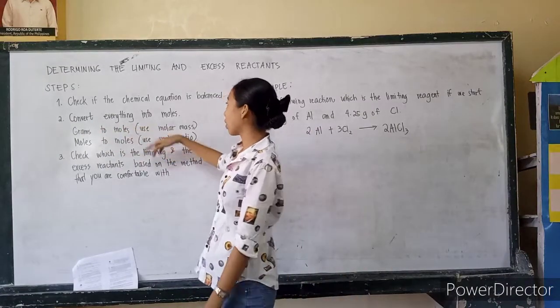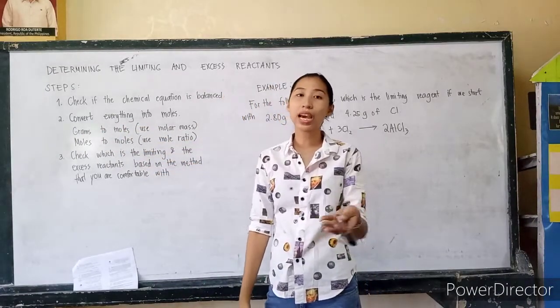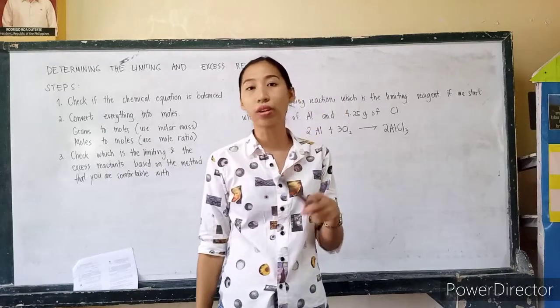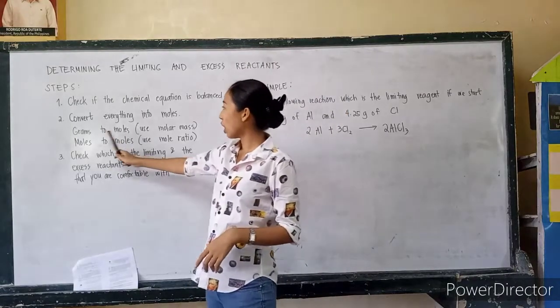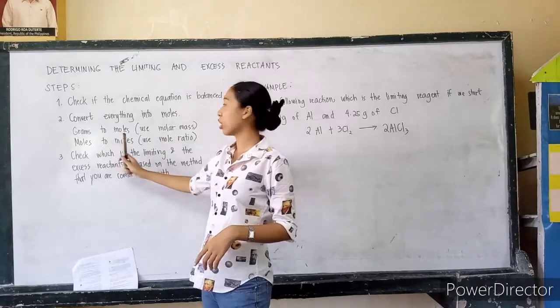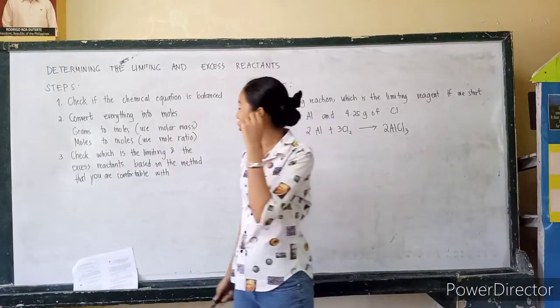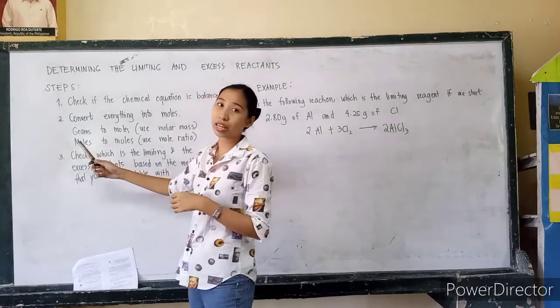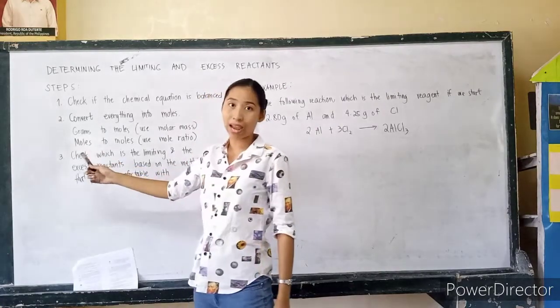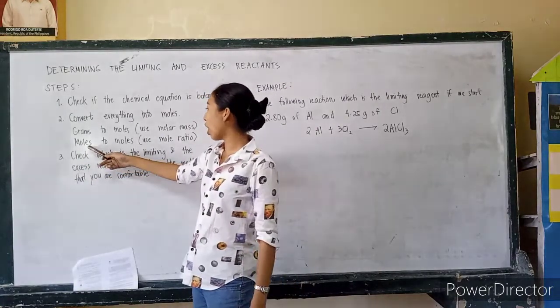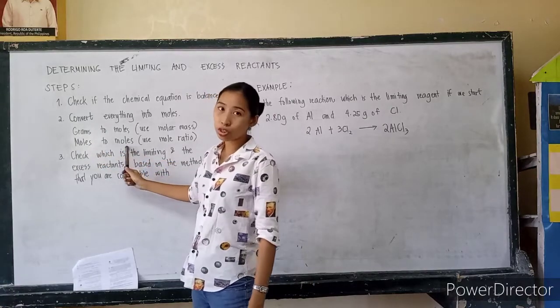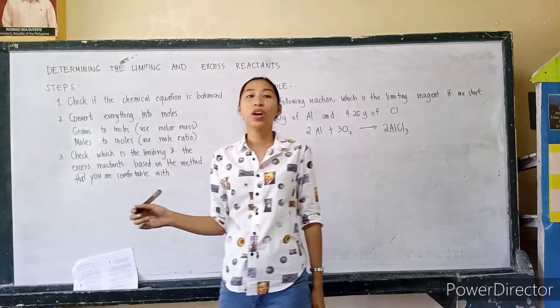Second is convert everything into moles. If given in your problem is grams, it is grams to moles conversion, and we are going to use the molar mass. If the given is already moles, then we convert from moles to moles using our mole ratio.